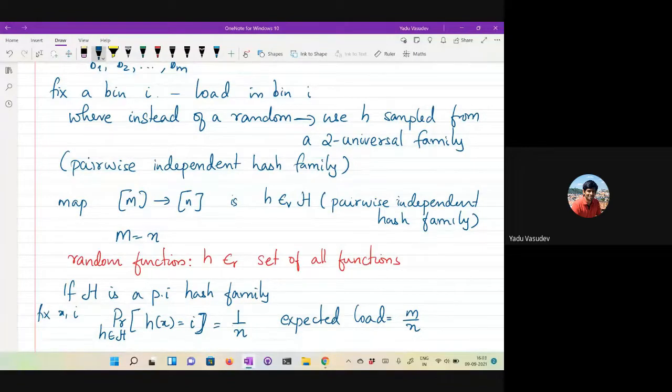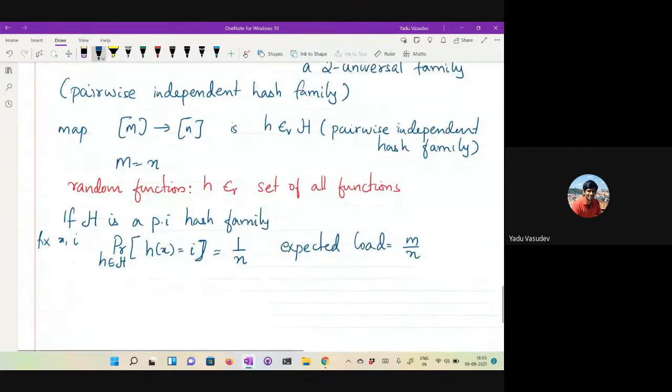The thing is the uniformity: the probability that a particular element gets mapped to a bin i is again uniform. The problem is that uniformity alone is not sufficient to give you a good hash family. So here is a small question. Maybe we can spend some more time.